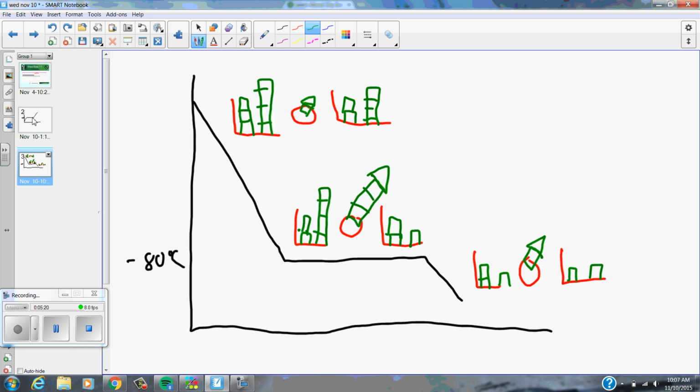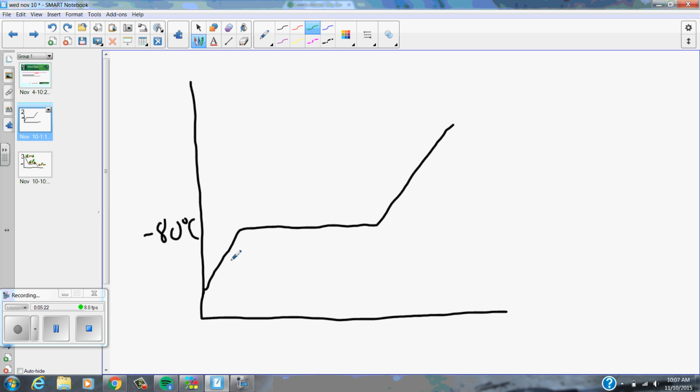I could go back to this side and do the same types of things. And it's really just going to be the reverse of what we just did. This is for the changing part, the one that has the change in temp. This is for the plateau.